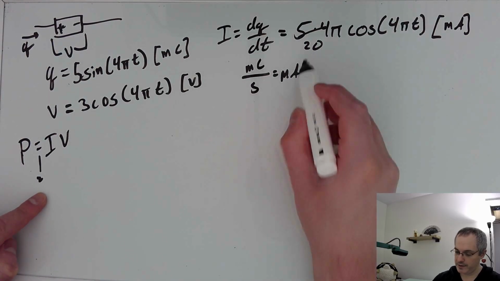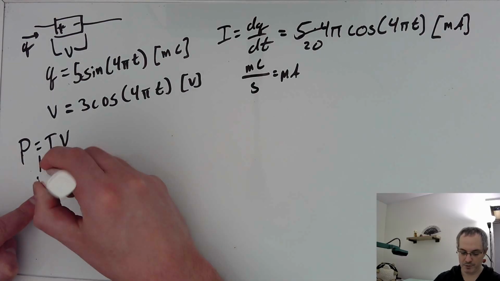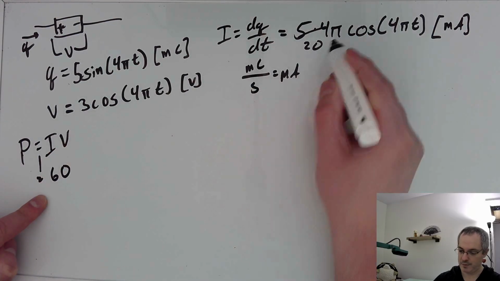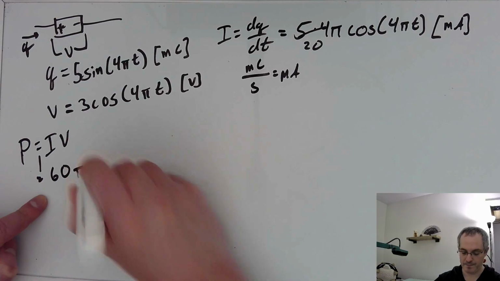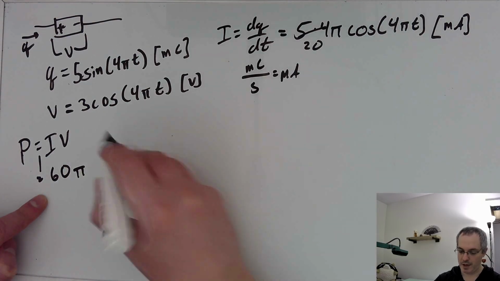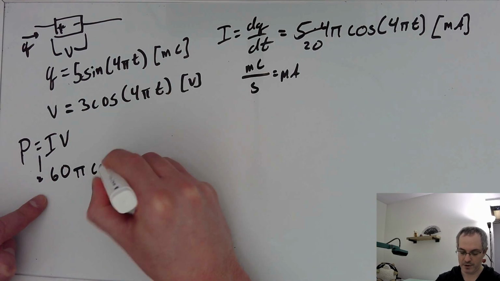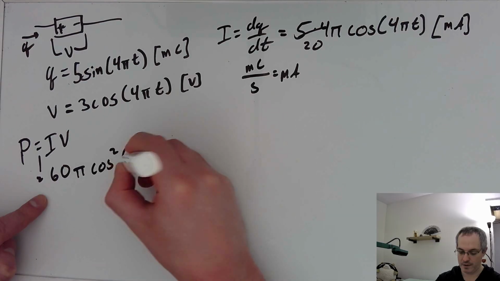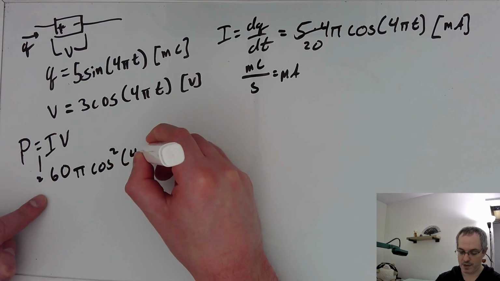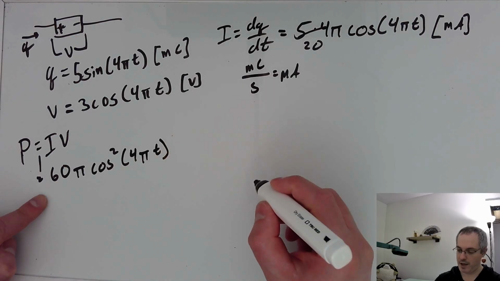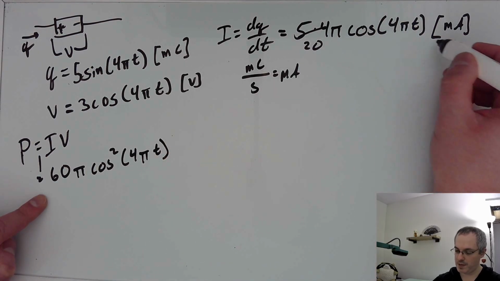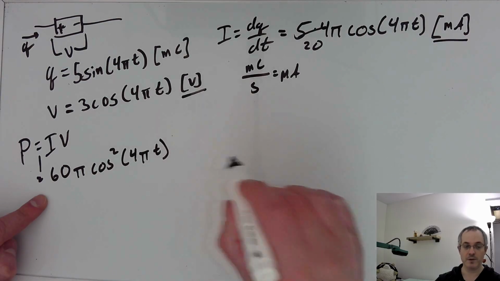So now we'll plug it in, and we'll have 20 times 3, which is 60, and we have the pi. And then the cosines have the same thing in them, so it'll be cosine squared 4 pi t, and the units will be milliamps times volts.